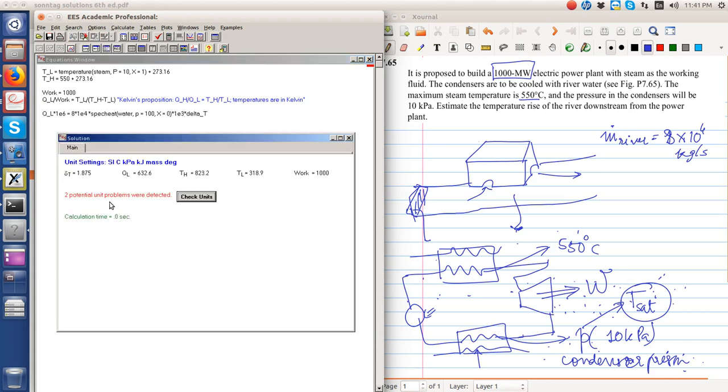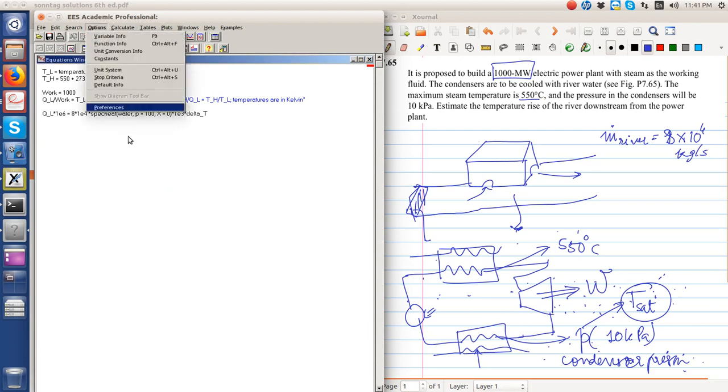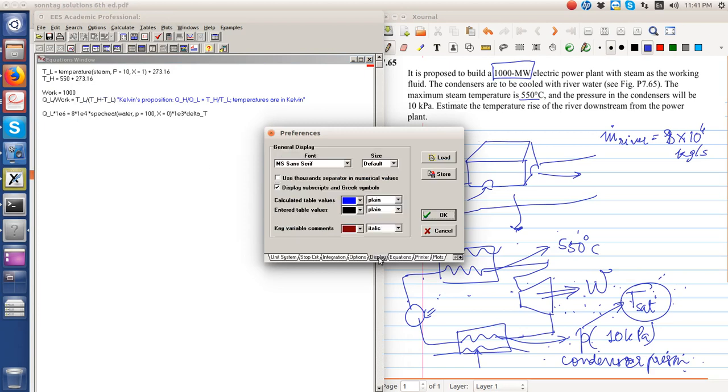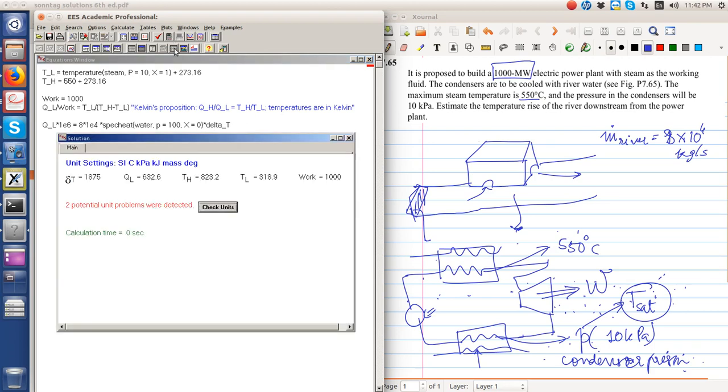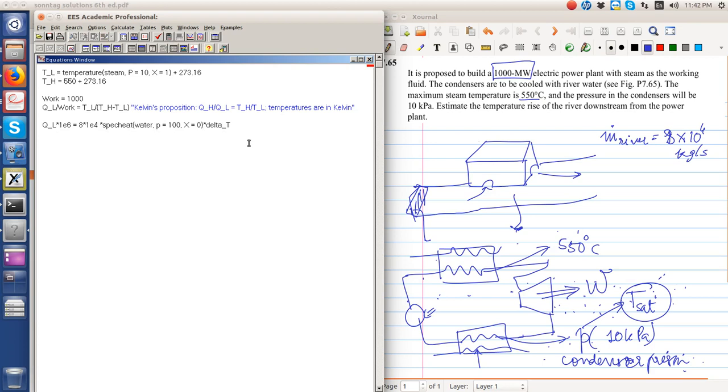Then the temperature rise is found to be 1.875 degrees Celsius. It's very important to keep in mind the physical insight, because without converting the kilojoule, we obtained a very absurd answer. It was 1875. That cannot be the temperature rise in a river. So this has to be multiplied by 1e3.